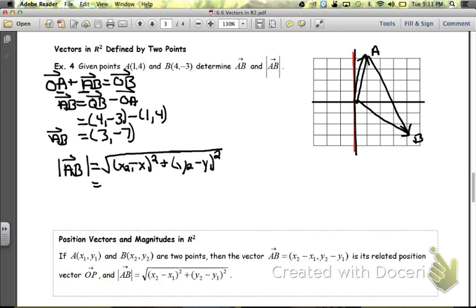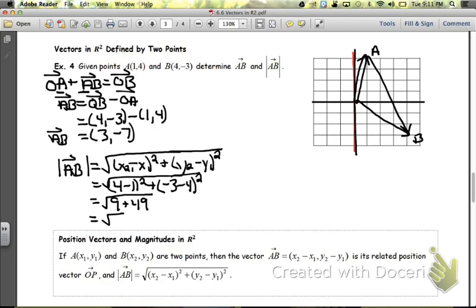So looking at our b value, it's going to be our 4 minus 1 squared plus our -3 minus 4 squared. 4 minus 1 is 3, 3 squared is 9. -3 minus 4 is -7, -7 squared is 49.